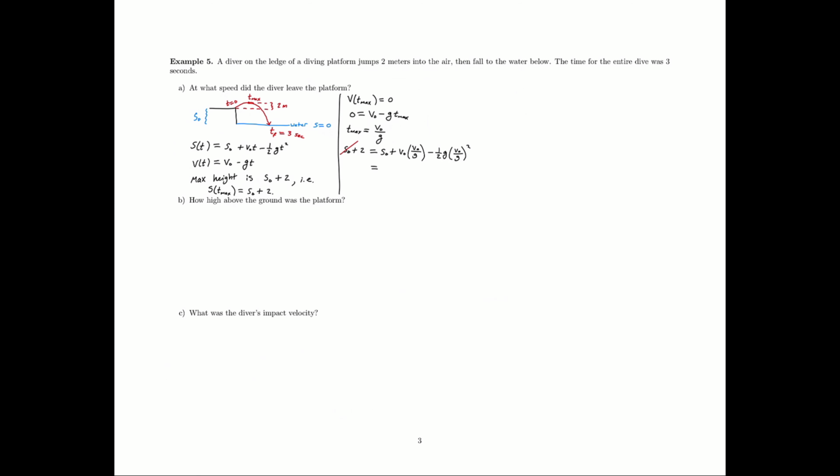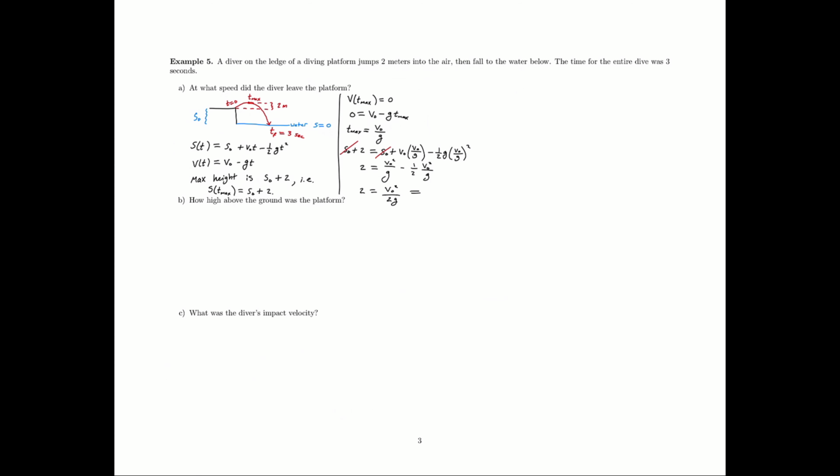Notice here that the things that we don't know nicely cancel out. So then we're just left over with 2, and then here we have v naught squared over g minus 1/2 v naught squared over g, which is simply v naught squared over 2g.